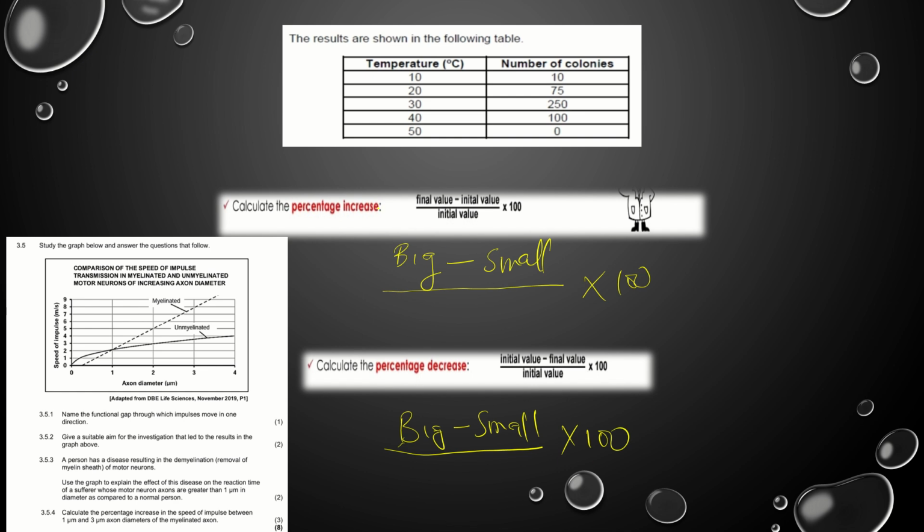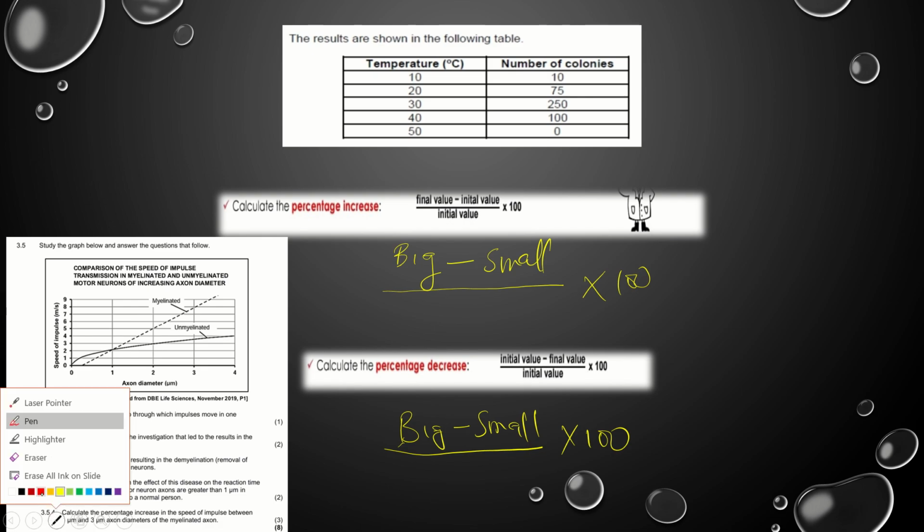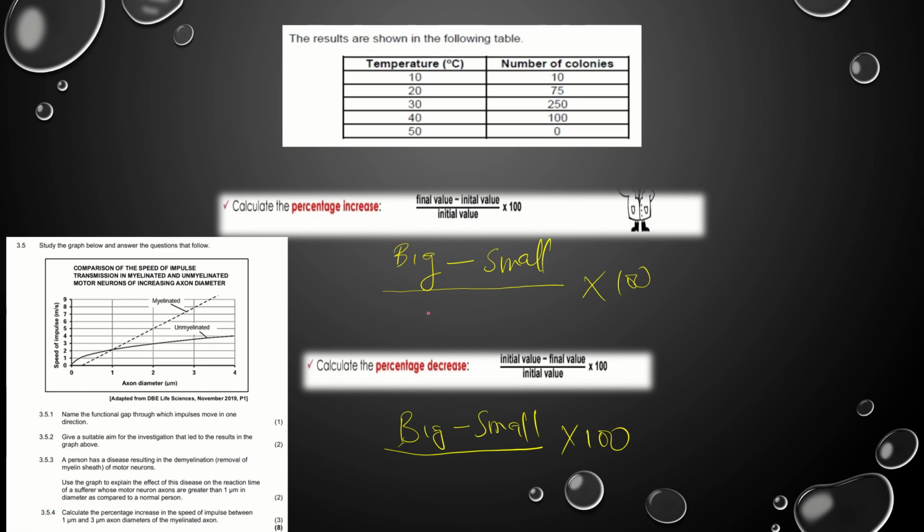In terms of percentage increase, you divide by a small number. And why small? Because when you divide by a small number, you'll get a bigger value. This is the simplest way I memorize this, so that you do not mix up things. If you divide by a small number, you'll get a bigger number. So that's percentage increase, which means here you divide by a small number.